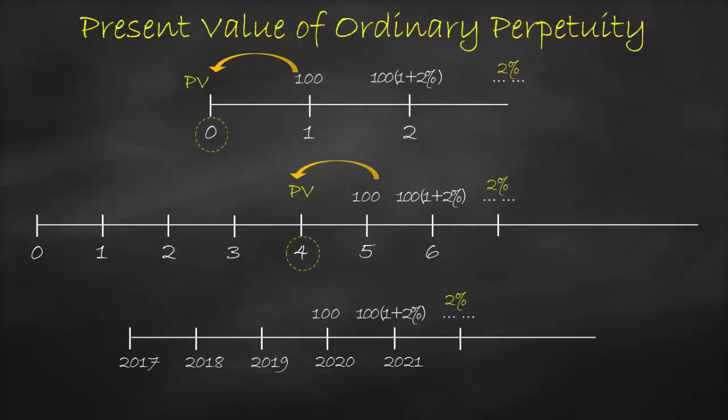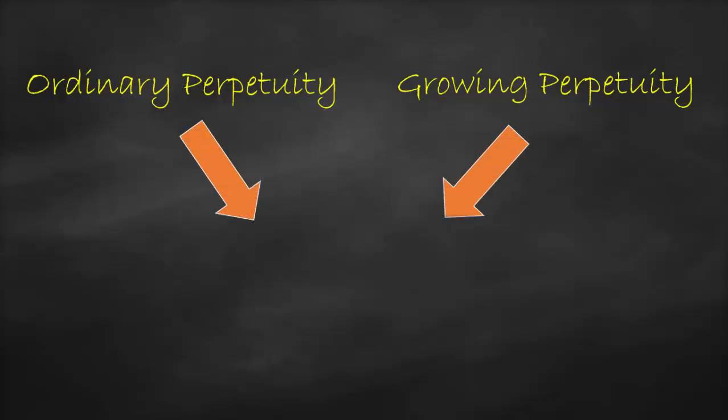Therefore, the present value will be 1 year before my first cash flow, so it will be here in year 2019. Therefore, we could say that for ordinary perpetuity and the growing perpetuity, the present value will always be 1 year before our first cash flow.